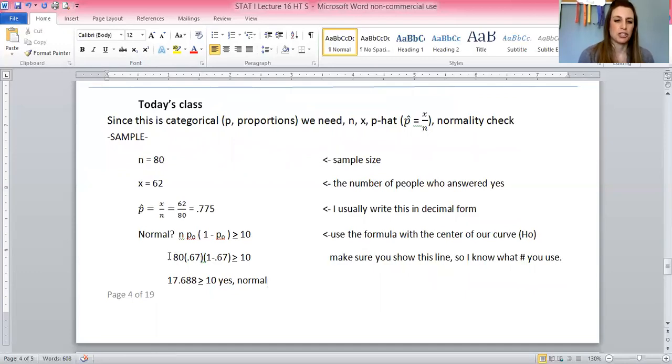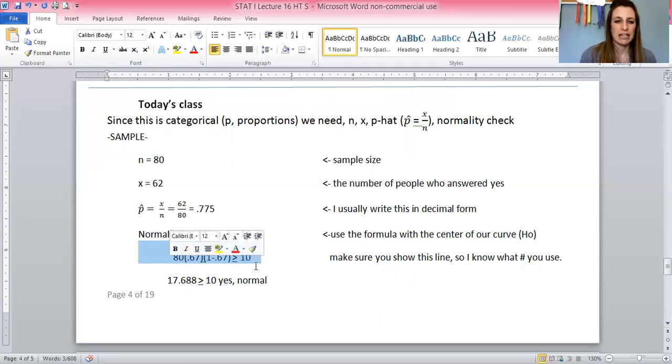So for here, I need you to show me the second line, the 80 times 0.67 times 1 minus 0.67, because at this point in the class, we have multiple ways of checking normality for proportions depending on the type of problem we have. I need to know that you're checking for normality with the right numbers. I need to know you're plugging in p naught in there. You don't even have to write this last one out.